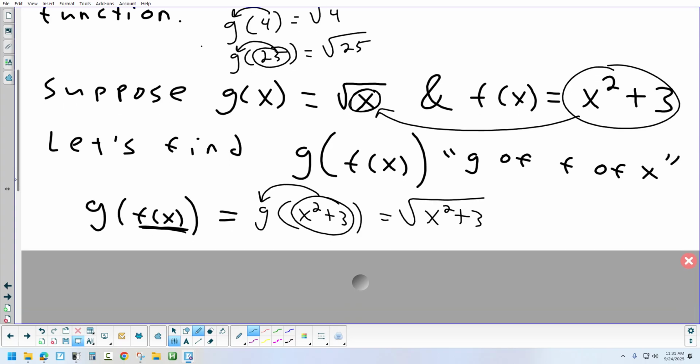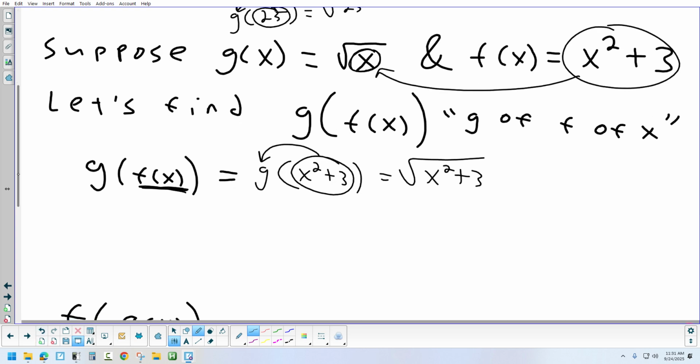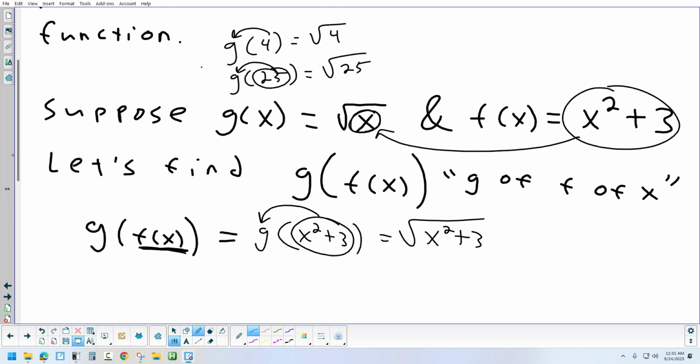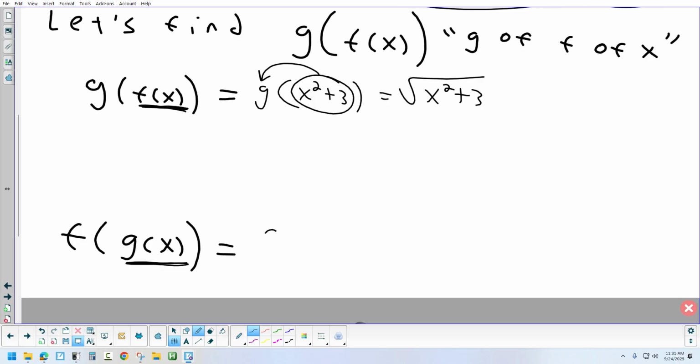Now, the second way we can do it is switching around the f and the g. So start with the inside and look up what that is. What is g of x in our problem? Square root of x. G of x was the square root of x. So I looked up what g of x was.